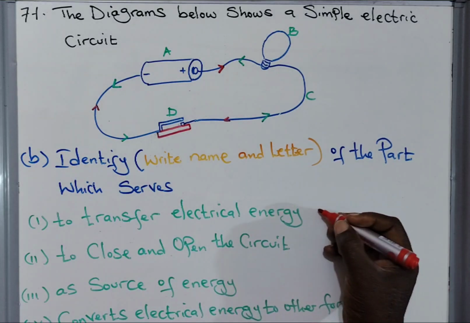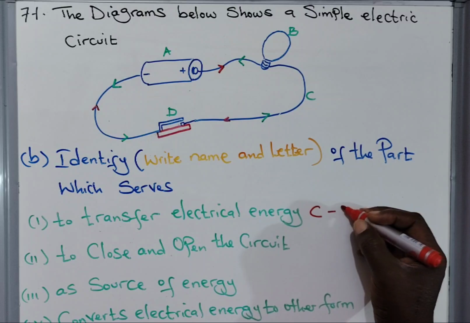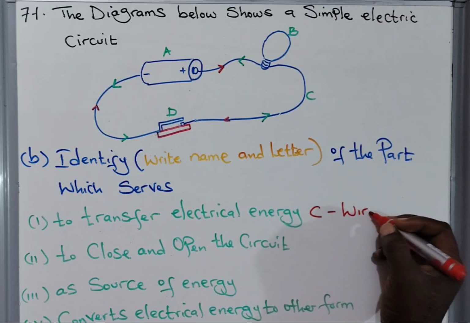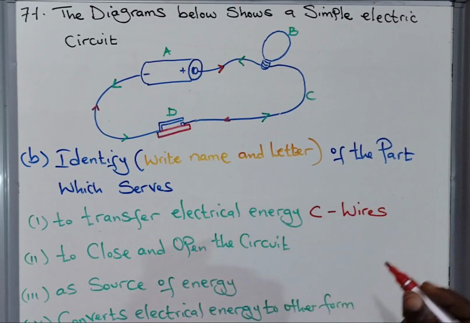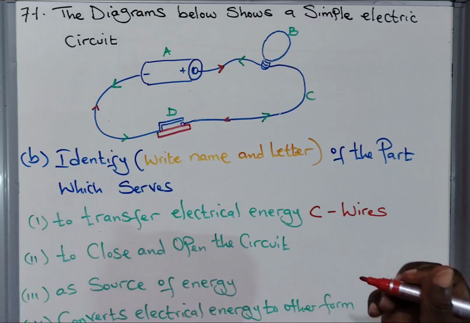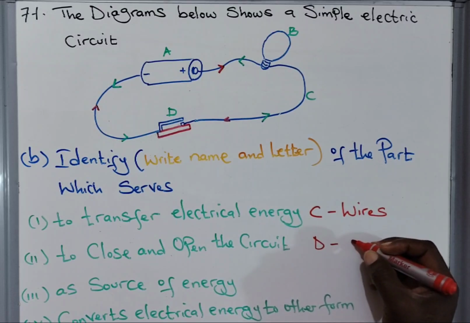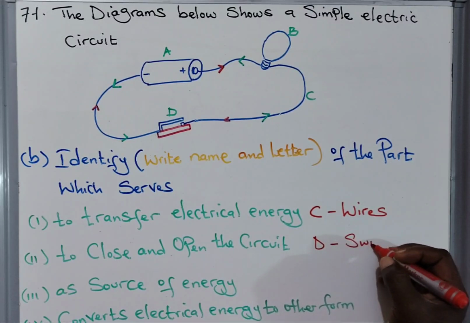The part is C. And what is C? Connecting wires. Then we come to this one. The part which serves to close and open the circuit. That part is D. And what is D? Switch.